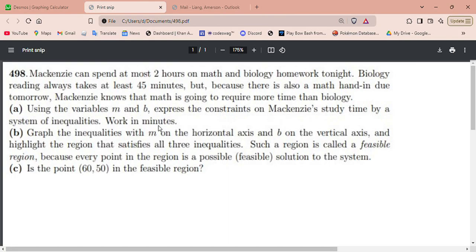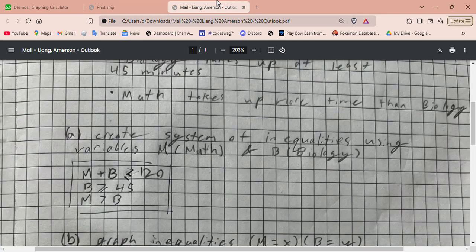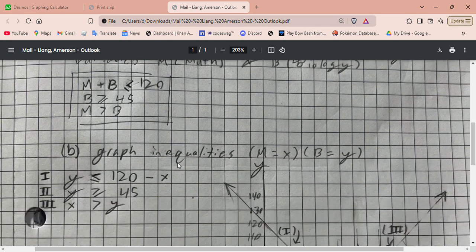Graph the inequalities with m on the horizontal axis and b on the vertical axis, and highlight the region that satisfies all 3 inequalities. Such a region is called a feasible region because every point in the region is a possible feasible solution to the system. This is the point where they begin to talk about the feasible region.